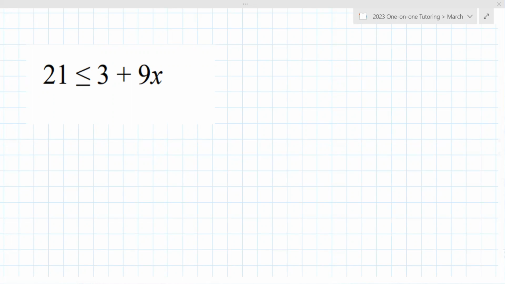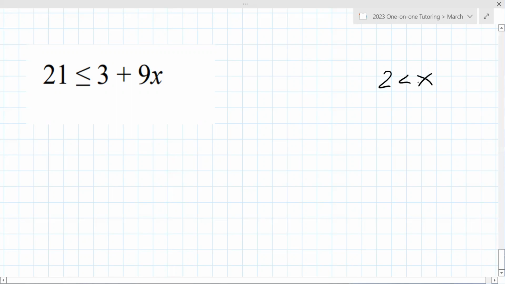It's 3, so that's going to be 18 is less than 9x. So we're going to divide, so that's going to be 2 is less than x. Is this your answer? Yes.